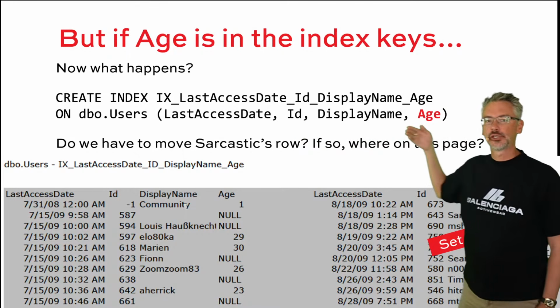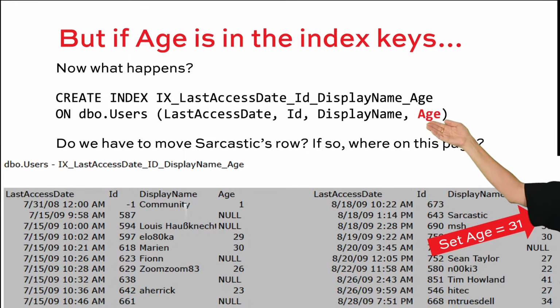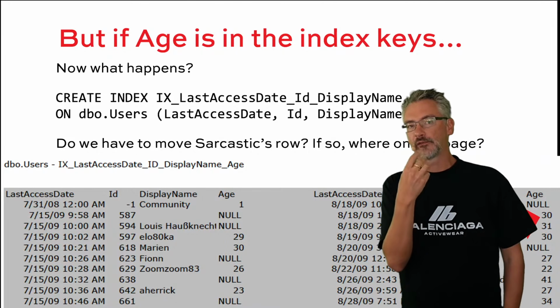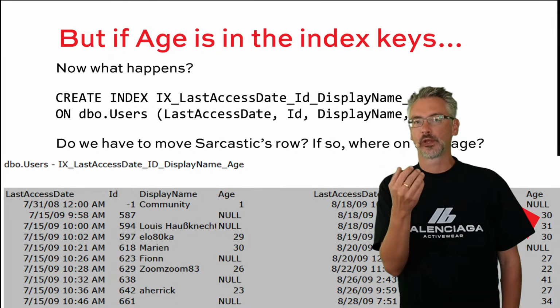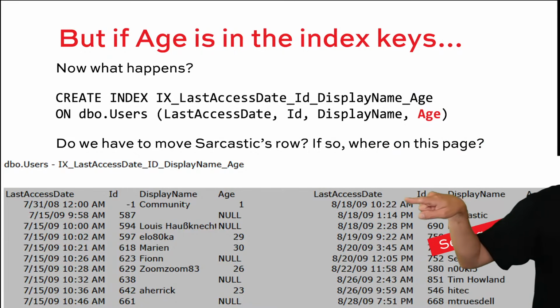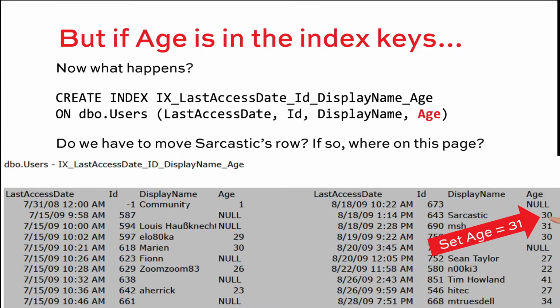If age is part of the key and we update Sarcastic to be 31, lick the Butterfinger residue off of your fingers, the Cheetos, whatever it was that you were eating here. Get out your index finger and point on your grimy little monitor to where this person will move to on the 8K page.